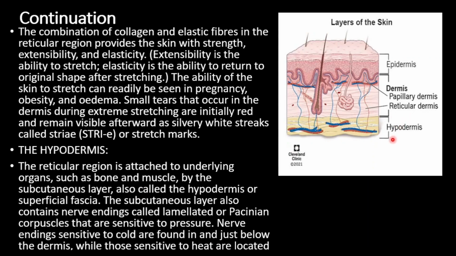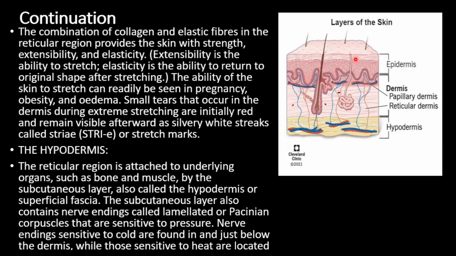So it's the last layer of the skin. After the epidermis, we have the dermis and we have the hypodermis. The hypodermis also stores fat, and it's made up of adipose and fatty tissues. It also contains nerve endings that are sensitive to cold and heat. So that is the integumentary system and studying the skin.